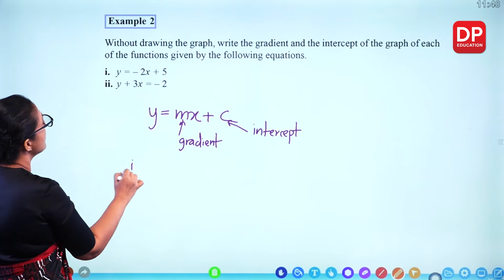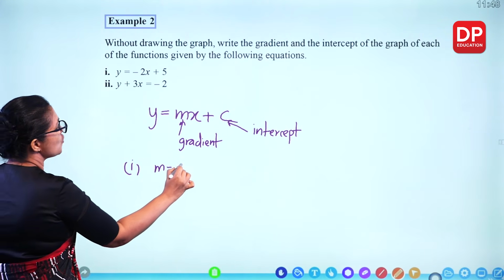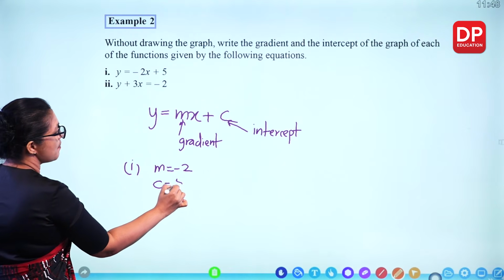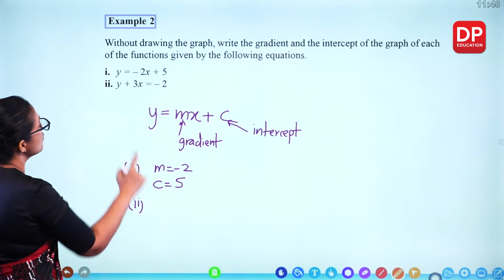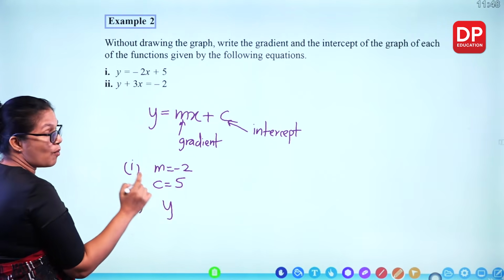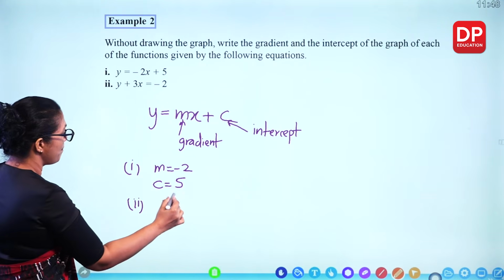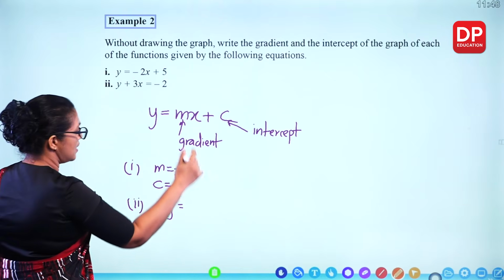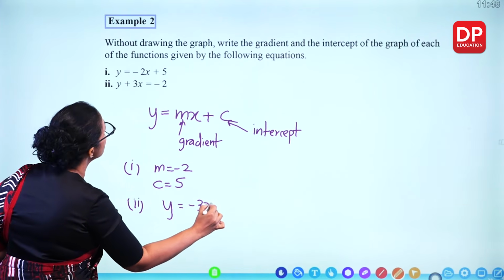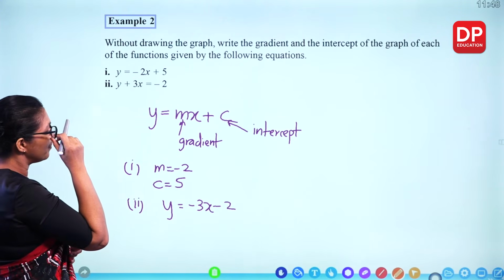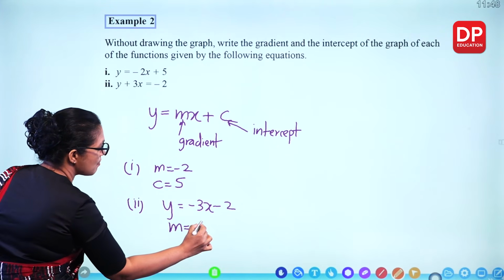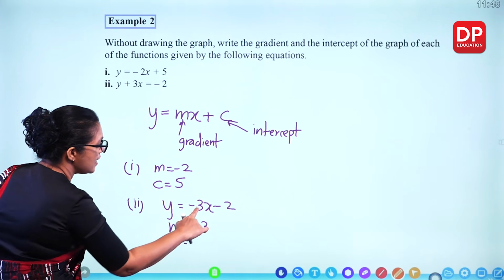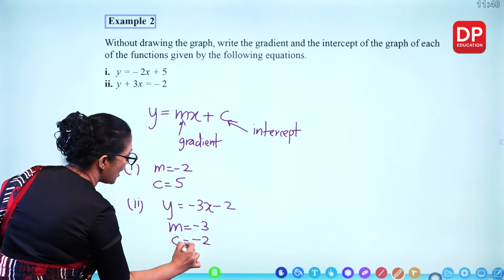So in the first one, m equals -2, y-intercept is 5. Second one, you have to rearrange it so that left hand side is y. Y equals, take 3x to this side, -3x -2. So what's m? Gradient is -3, y-intercept is -2.